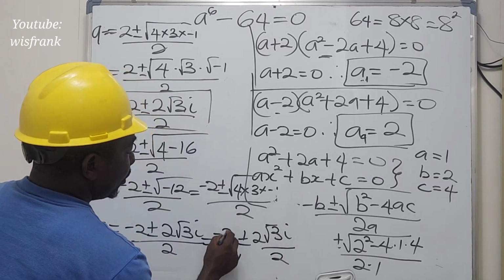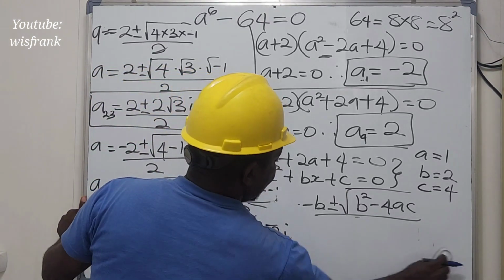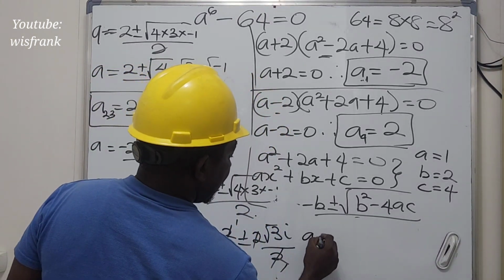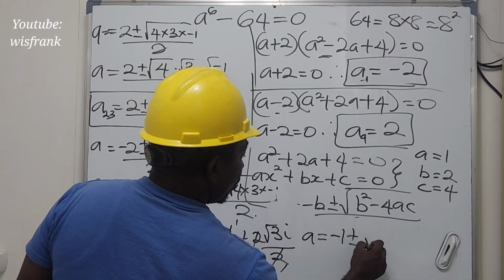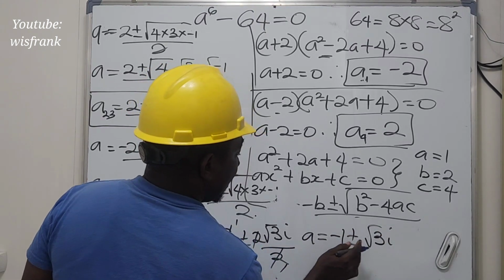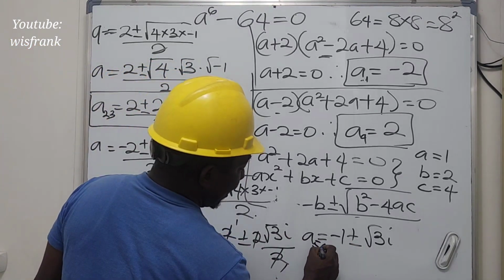The 2s cancel, therefore we have the value of a equals minus 1 plus or minus root 3i. And these are the two solutions, a5 and a6.